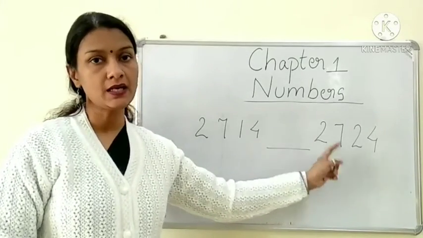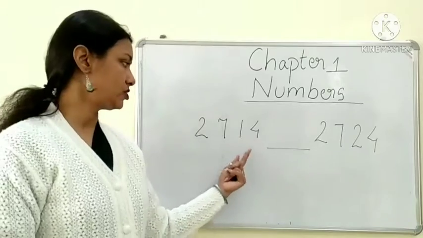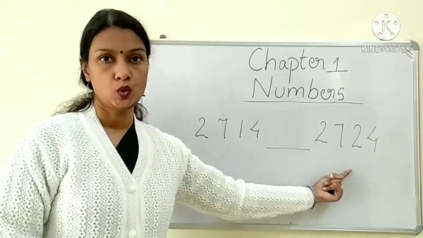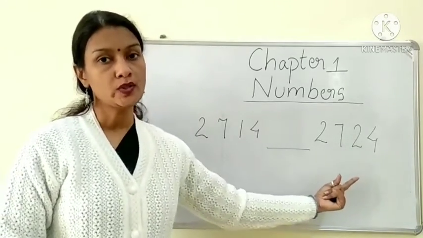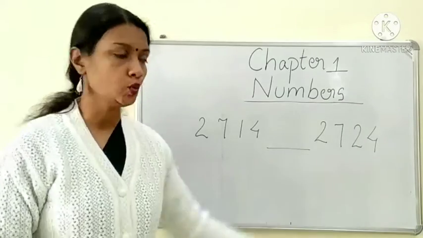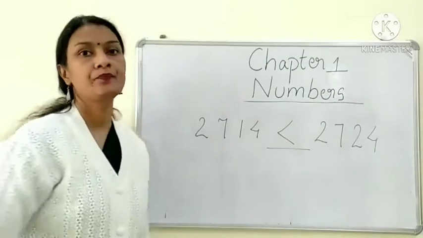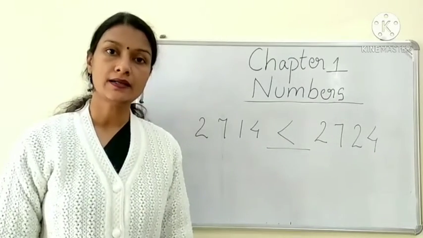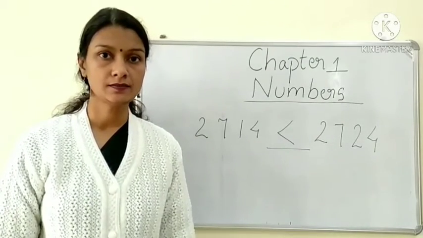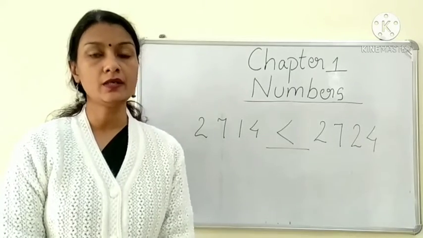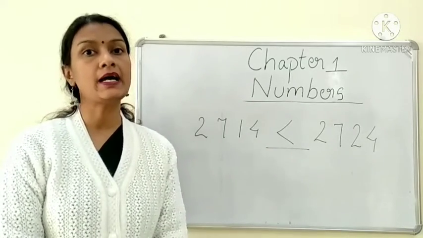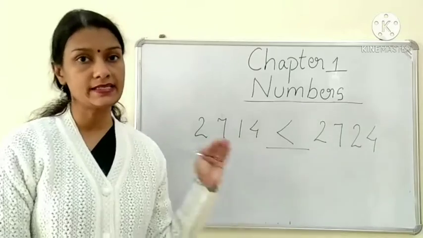Again they are equal, we compare the next digit. 1, 2. Which number is greater here? 2. So therefore, this whole number is greater than this number. Understood how to compare?